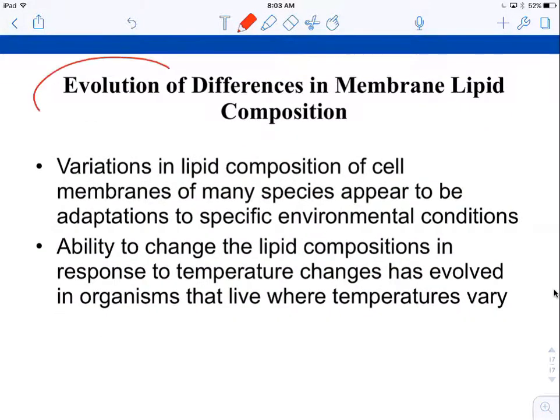Okay, so again, evolution and differences of membrane lipid composition. If you think about it, organisms live in lots of different climates and lots of different temperatures.